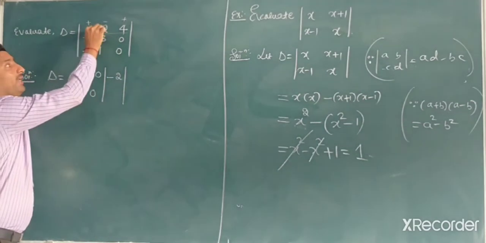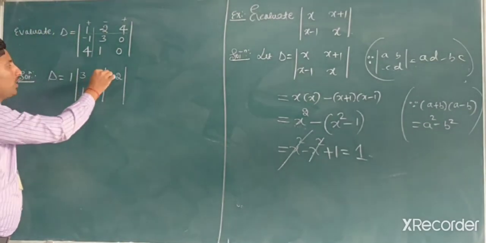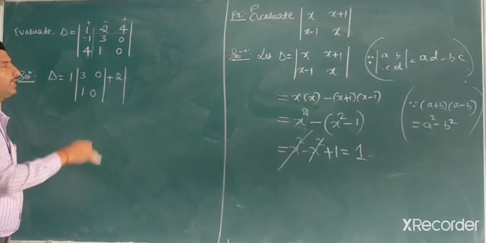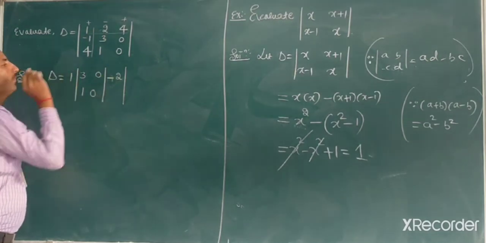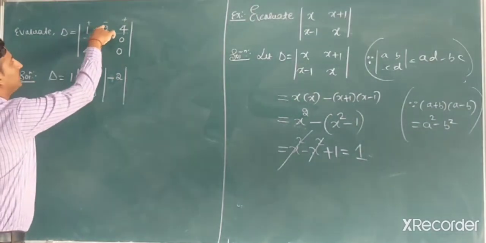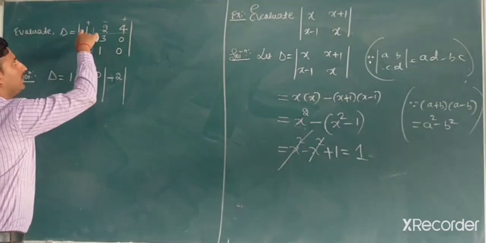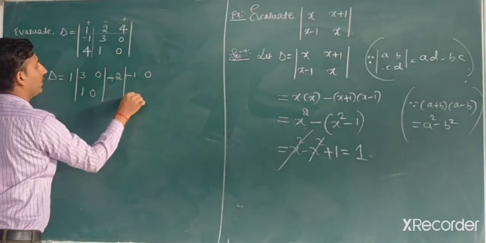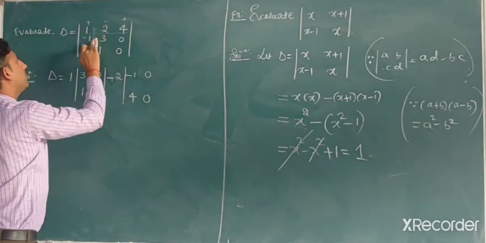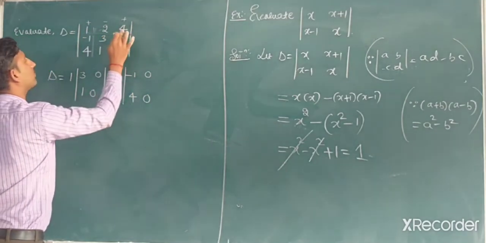Suppose here there were minus 2, then minus 1 would become plus. Be careful while writing the entries. Therefore minus 2, eliminating this column and this row, gives the determinant minus 1 0, 4 0.